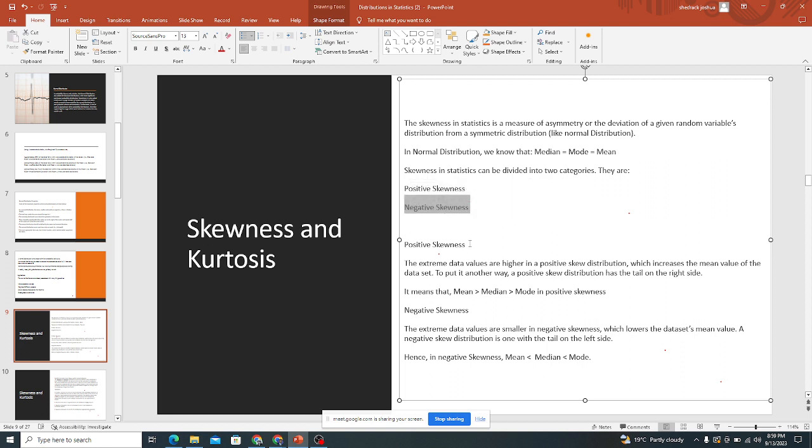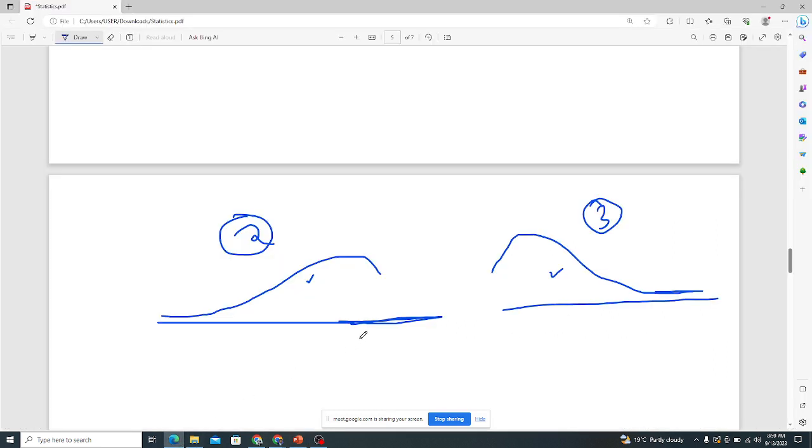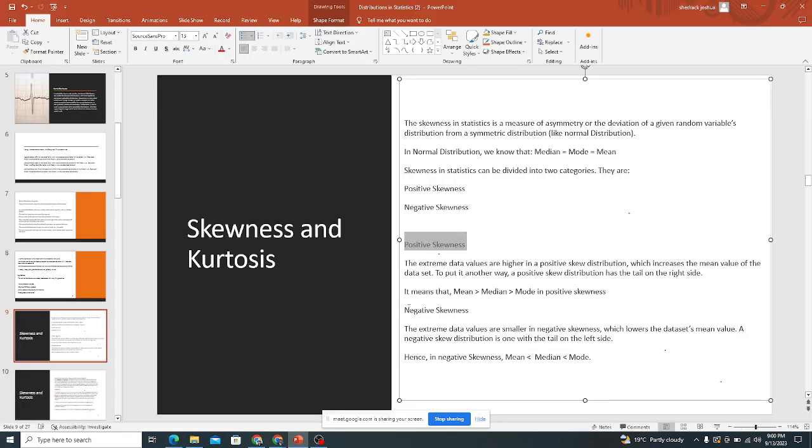Let's start with positive skewness. I want you to tell me, from our definition, which kind of skewness is positive and which is negative. The extreme data values are higher in a positive skew distribution, which increases the mean value of the data.